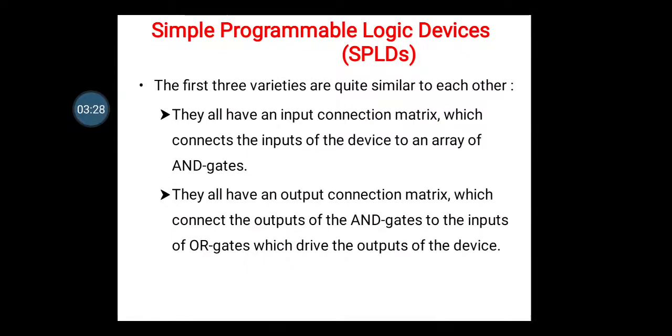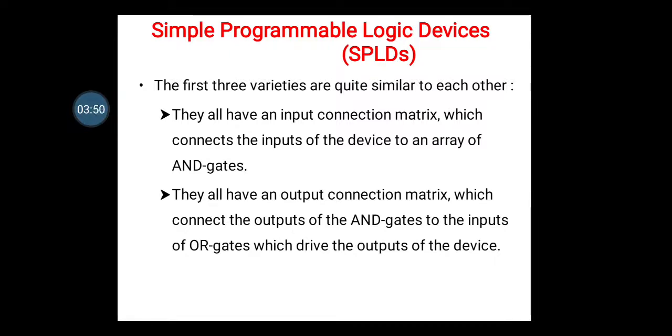Now whatever categories we have seen in SPLD, the first three varieties are quite similar to each other. They all have an input connection matrix which connects the inputs of the device to an array of AND gates. They all have an output connection matrix which connects the outputs of the AND gates to the inputs of OR gates, which drive the outputs of the device.